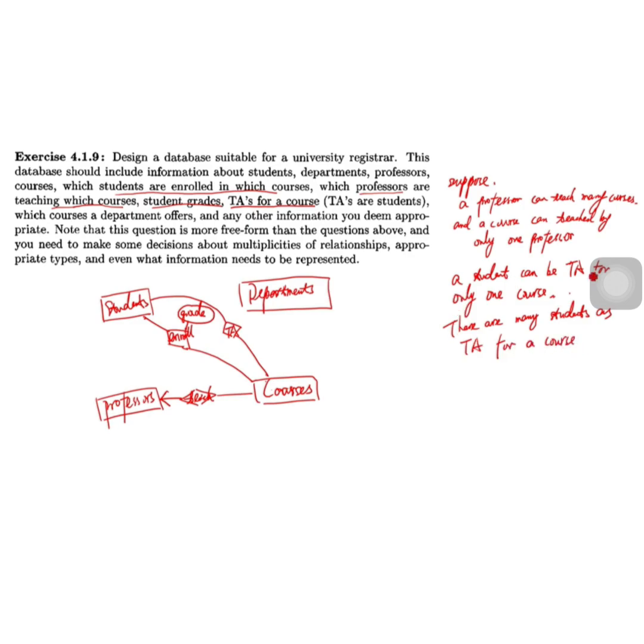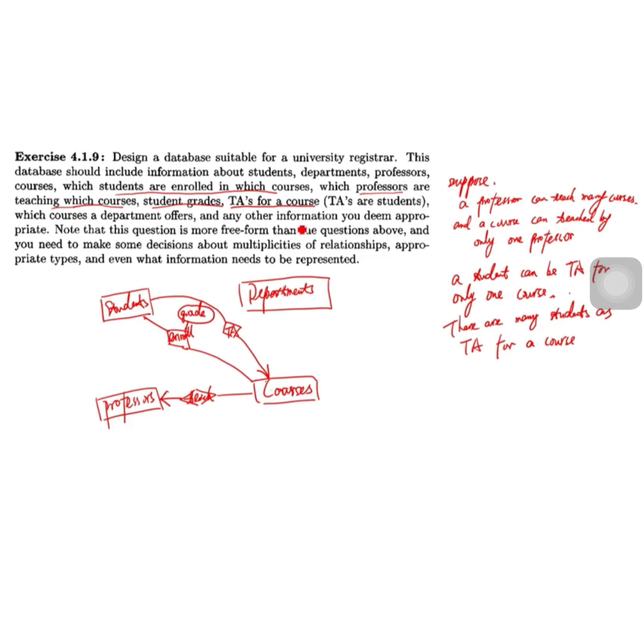Based on this supposition, for the relationship TA, a student can be TA for only one course, so this side is 1. And there are many students as TA for a course, so this side is many. So the multiplicity of TA from students to course is many to 1, based on this supposition.